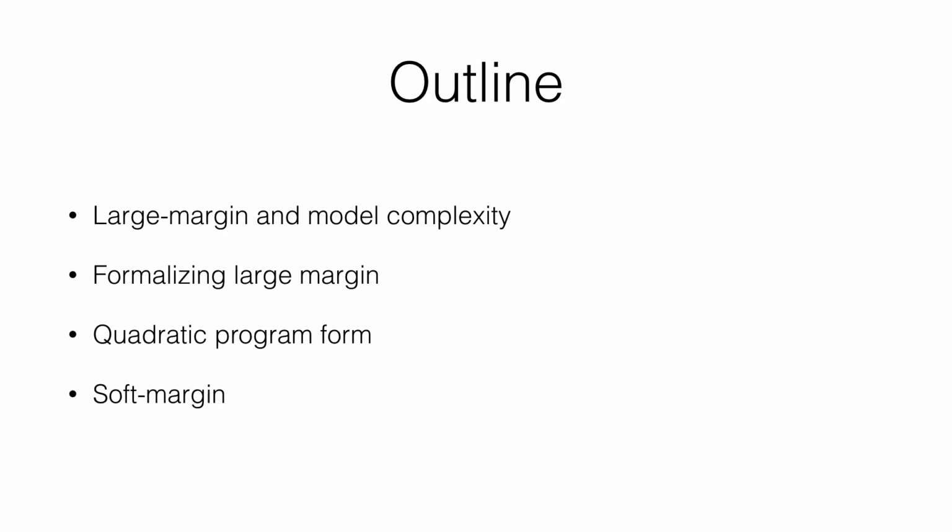That will lead to a quadratic program form of a large margin classification learning objective. Once we derive that, I'll show how we can relax that a little bit to allow for misclassification. That will lead to a soft margin form of a large margin linear classifier.